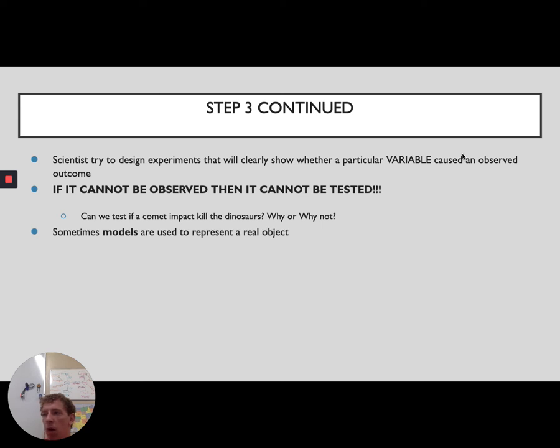We use models. Sometimes models are used to represent a real object. This is used when it's difficult to control all the variables or not possible to test the real thing. So we cannot test the real thing when it killed the dinosaurs, or if it killed the dinosaurs. Instead, we had to make a model of this.